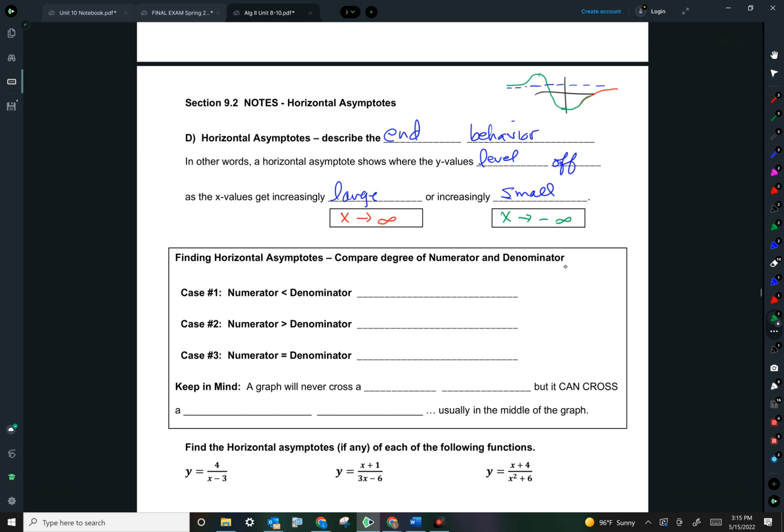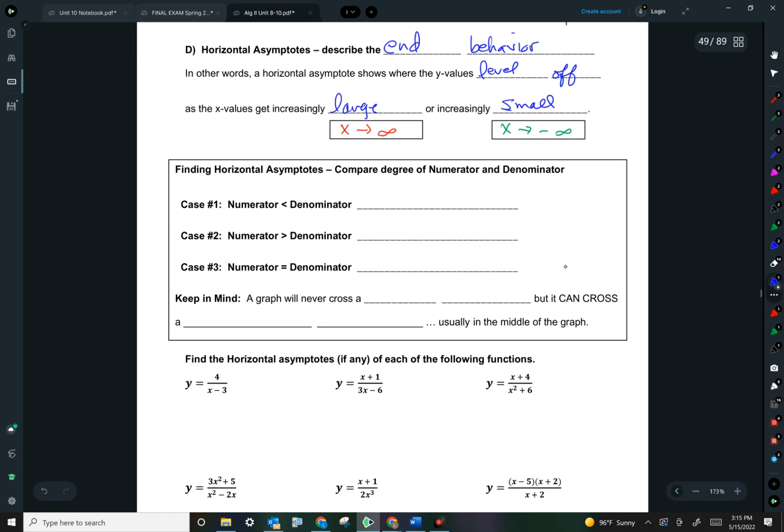All right, in order to find the horizontal asymptotes, we have these three rules, and there are three different cases that can happen. Basically, you're going to compare the degree of the numerator and denominator. So you have to remember what we mean when we say degree. For example, if I have y equals x squared plus 2x minus 3 over x cubed plus 2x squared minus 7x.